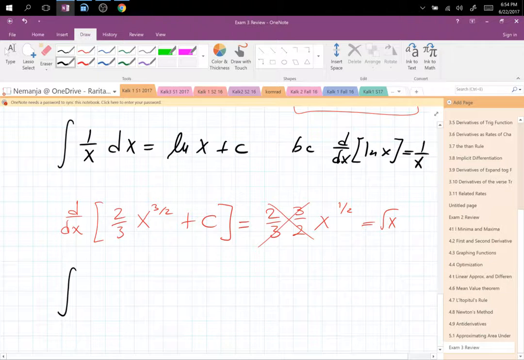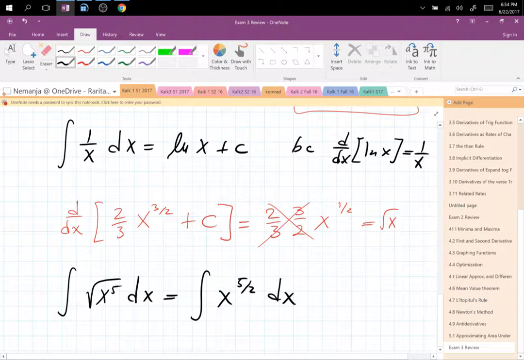If you have the integral of square root of x to the 5th dx, take an extra step to understand the problem better. Because at this point, you know that you are supposed to add 1 to 5/2, because you see it's x to a power. And then you know what to do.